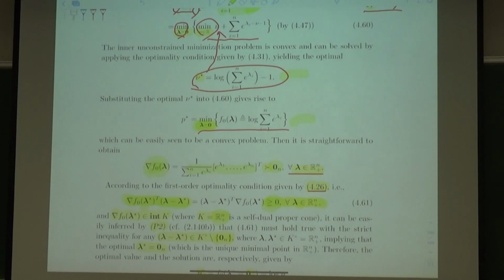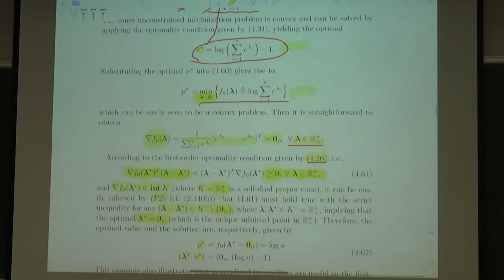Because time is up, it turns out the optimal solution is 0. You can see this minus this is a non-zero vector, in the dual cone or original cone, strictly greater than 0. So the inner product is greater than or equal to 0. That's clear.